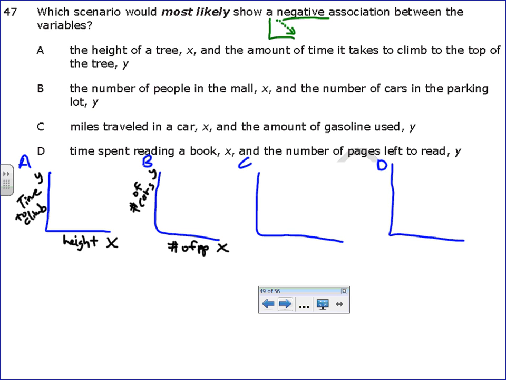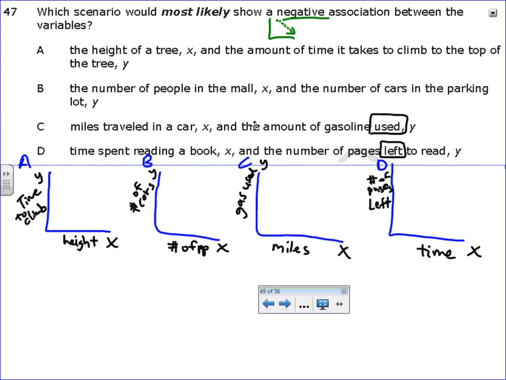Okay, that's my Y. C says the miles traveled in a car, so this is miles traveled, and Y is gasoline used. That's my Y. D says the time spent reading a book, so time again, this is talking about reading, and this is the number of pages left. Okay? So now that I have this, I can kind of sketch a picture of each one.